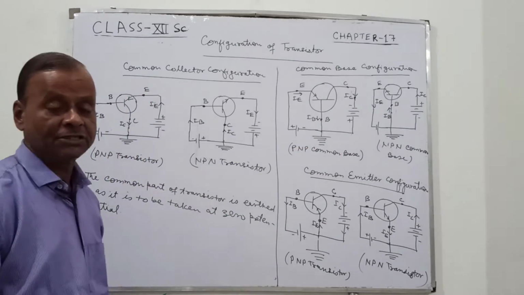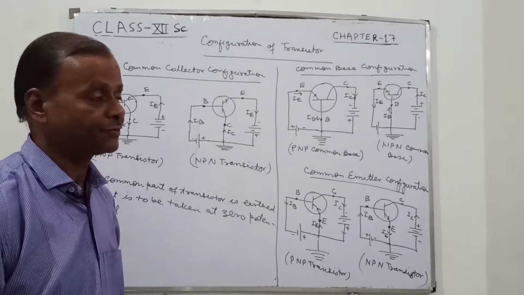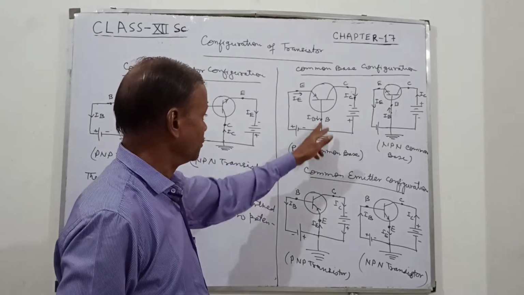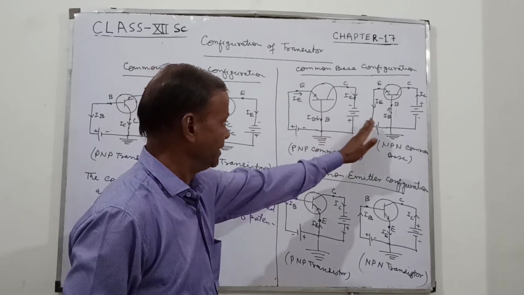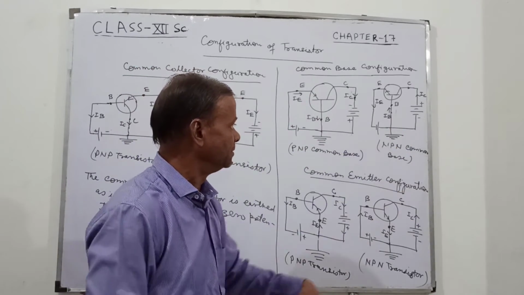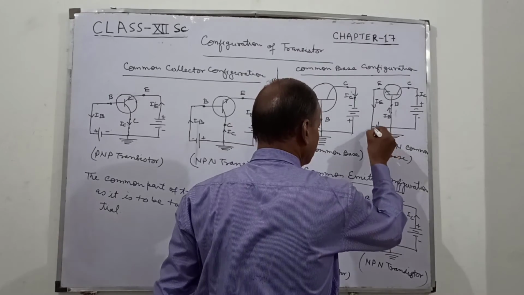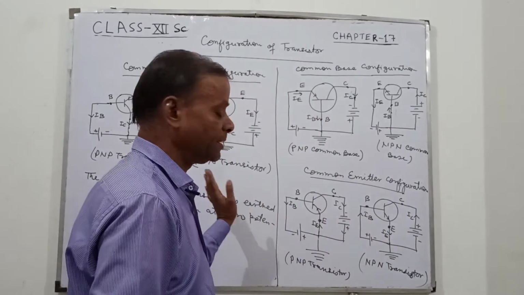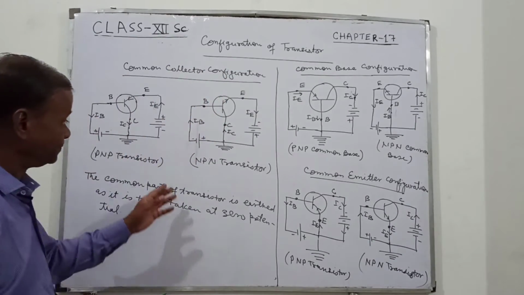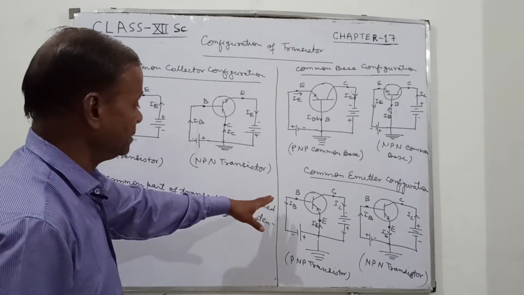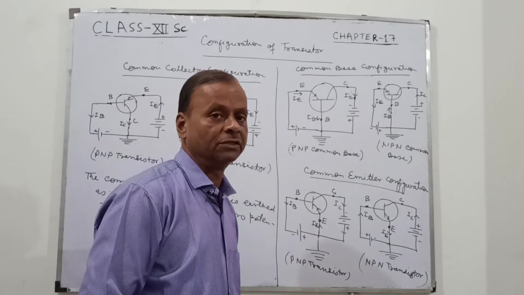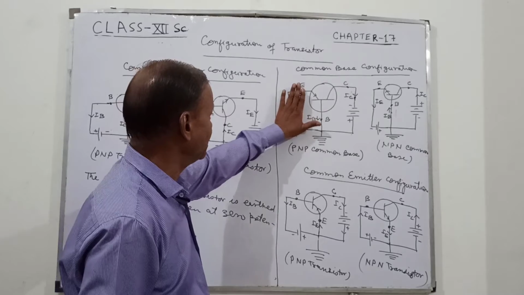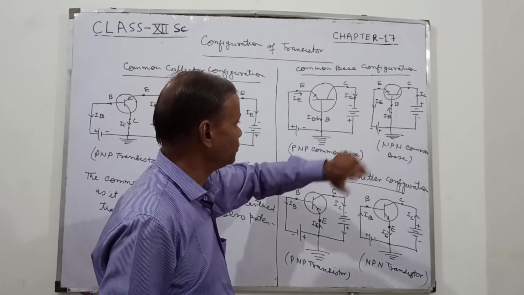And you see in all these configurations there are two kinds of circuits. Just you see the left part of the common. This is now common, then this left part, this is now right part, this is left, this is right. Similarly here, this is left part, this is right part. So it means that it has two circuits. One the input circuit and second the output circuit. So this is called the input circuit, this is called output circuit.